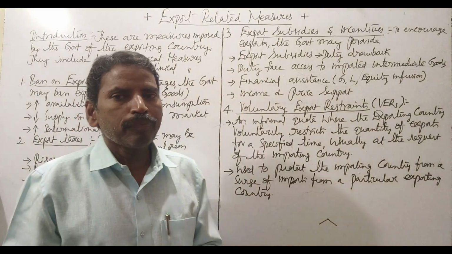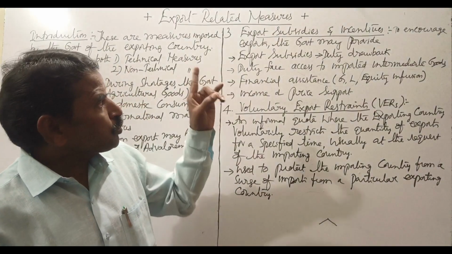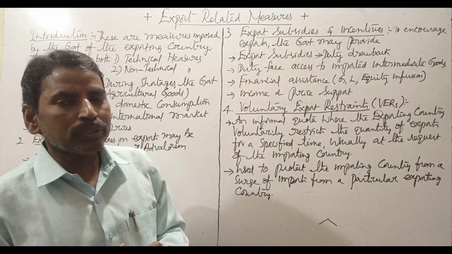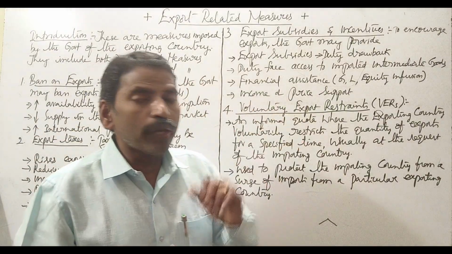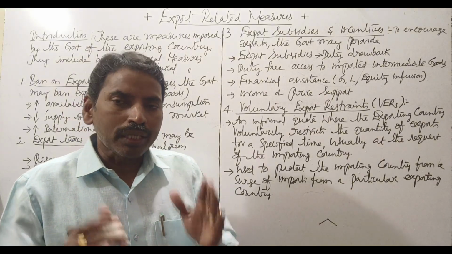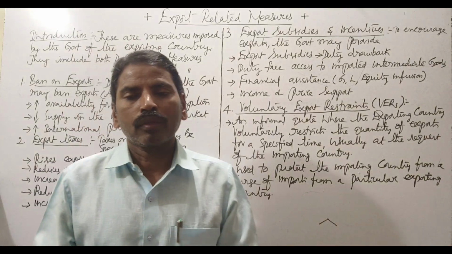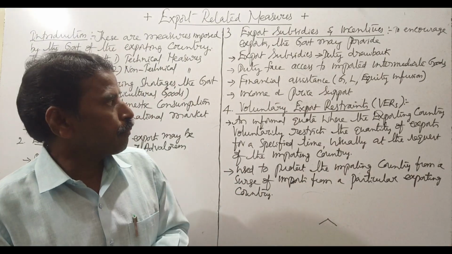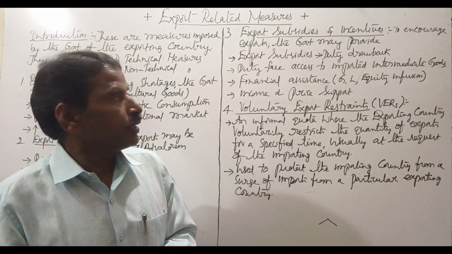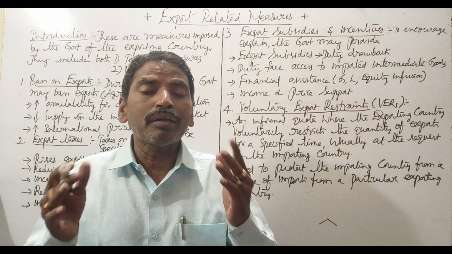Third one is export subsidies and incentives. In order to encourage exports, the government may provide export subsidies. Second one is duty drawback. Third one is duty free access to imported intermediate goods.